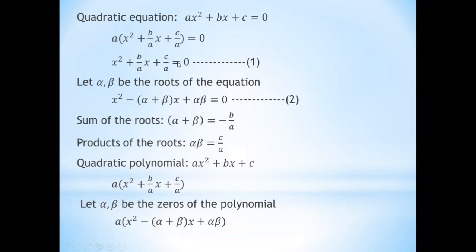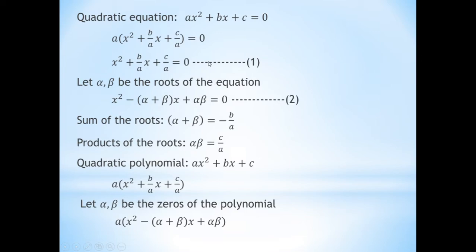You know that a quadratic equation will have two roots, isn't it? So let us consider the roots as alpha, beta. If the two roots are given, you can easily frame the quadratic equation in this form: x² minus the sum of the roots, that is (alpha plus beta) into x, plus alpha into beta, which is equal to 0.